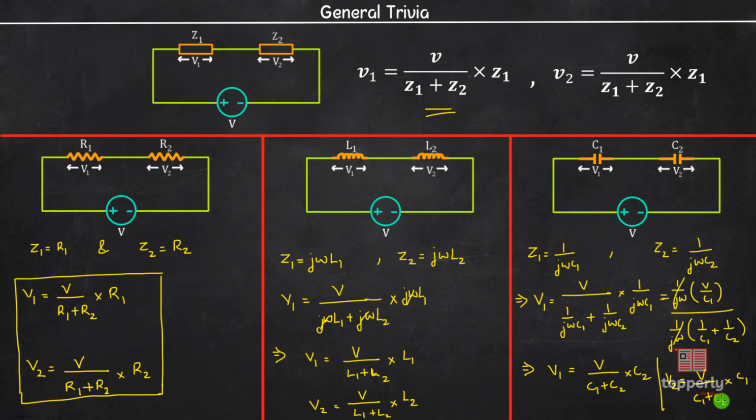Please take special note of this, because in the capacitive case, when we need to find the voltage across C2, we are multiplying the numerator with the value of capacitor C1 and vice versa.